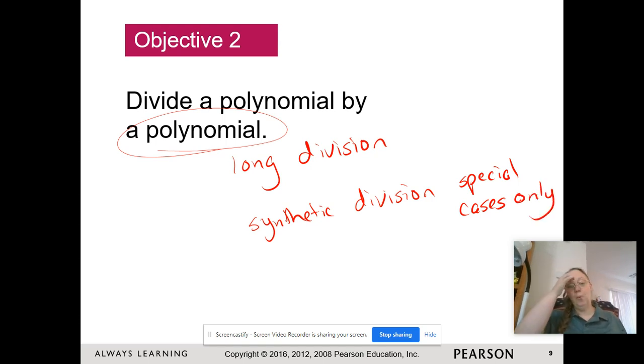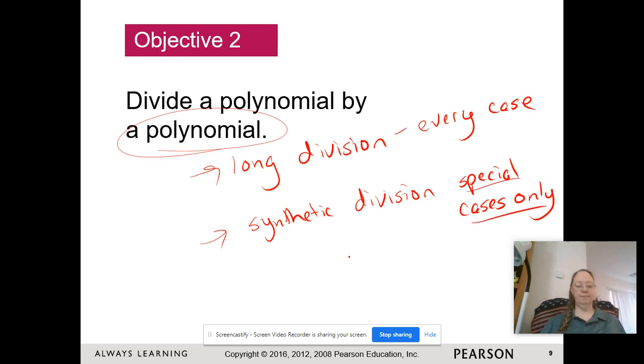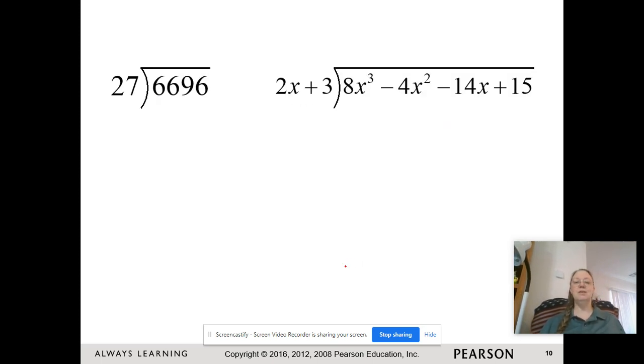Okay, so when we can do a problem with synthetic division, I will actually do it both ways. I'll do it long division and synthetic division, but most of the problems that we're going to do in this section, you have to use long division for every case. Special cases only. Okay, so most of you probably have not done long division by hand since, I don't know, 3rd or 4th grade.